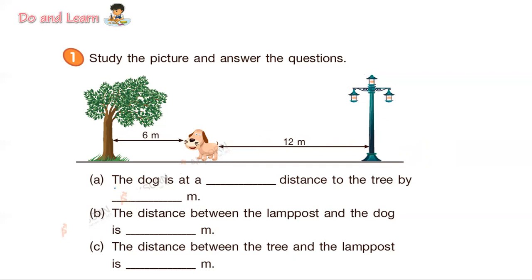The question goes: the dog is at a dash distance to the tree by dash meters. So we can say the dog is at a shorter distance to the tree by 6 meters.